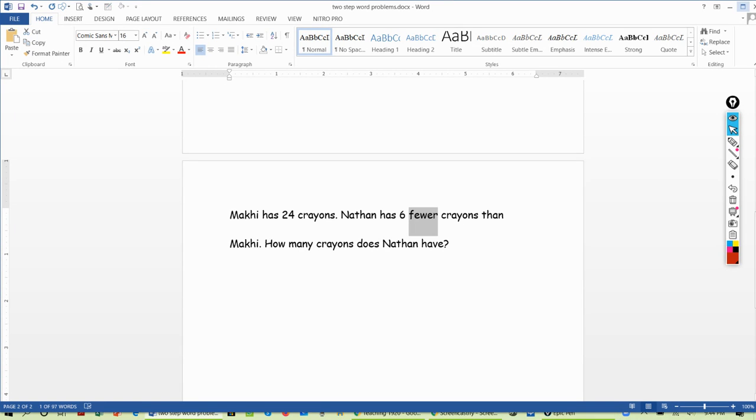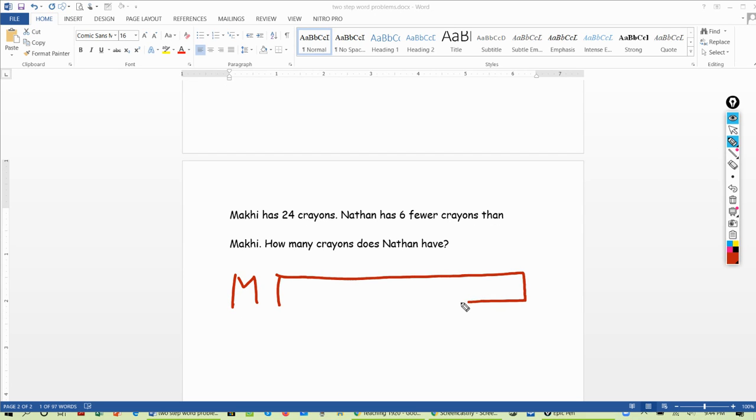So Makai has 24 crayons. That's his comparison bar. And now we know that Nathan has 6 fewer. So let's change the color here. Let's change it to green. So Nathan has 6 fewer crayons.